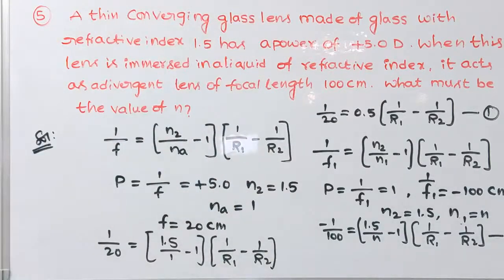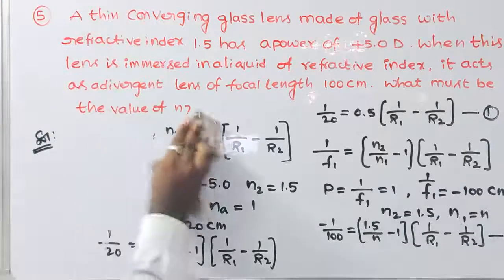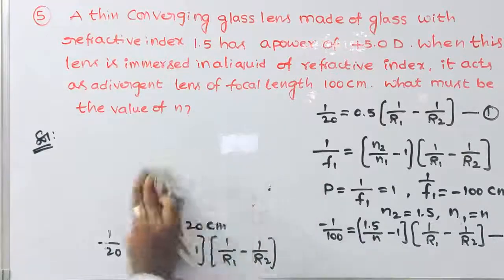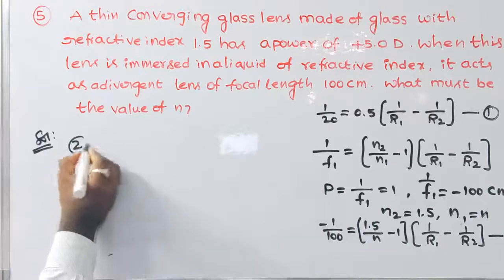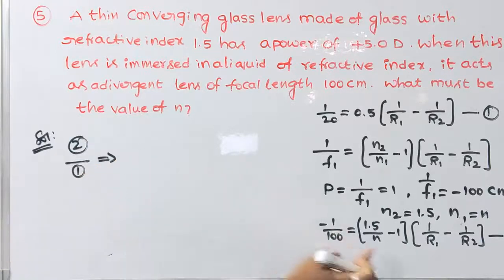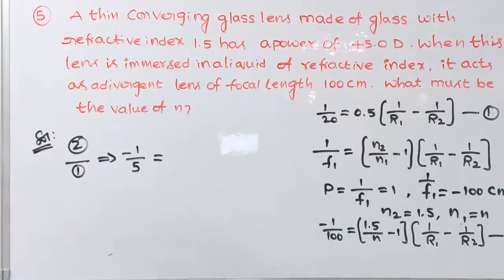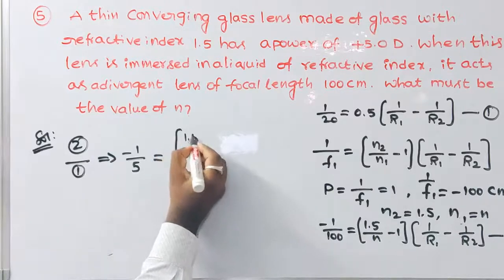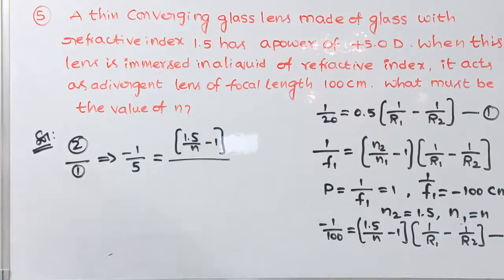Next, equation 2 divided by equation 1. After cancellation, minus 1/5 is equal to (1.5/n minus 1) divided by 0.5.